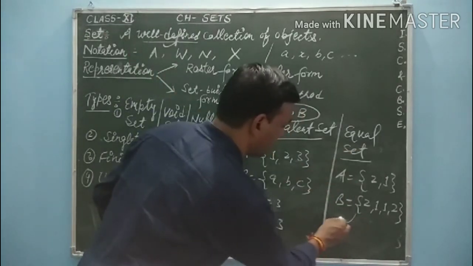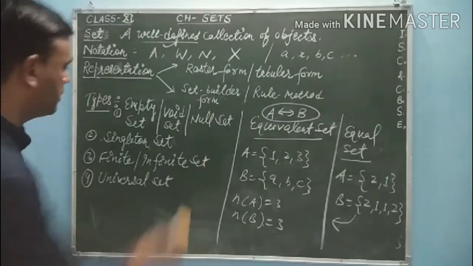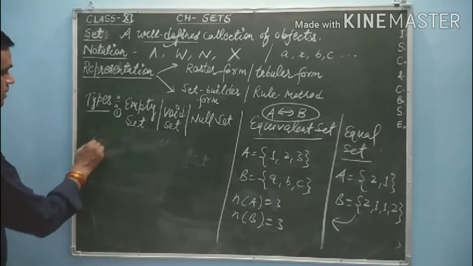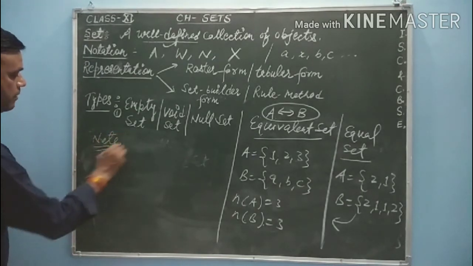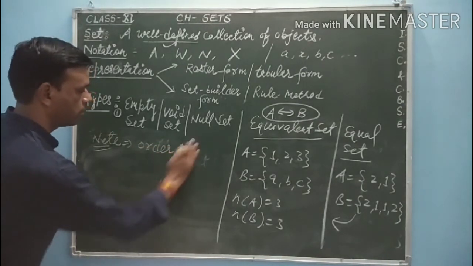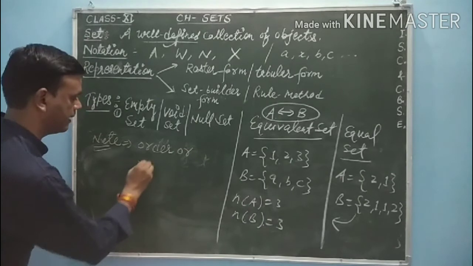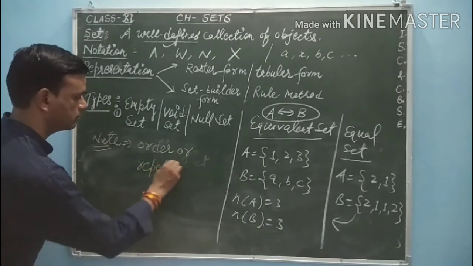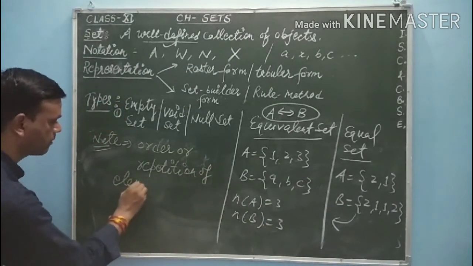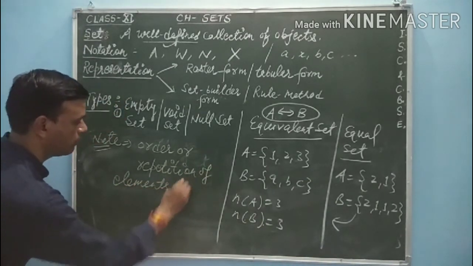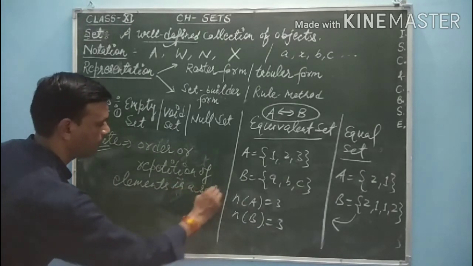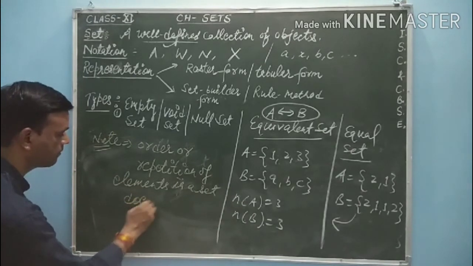One point is left here, which is very important for your knowledge, and you have to note this also. This is a very important point: order or repetition of elements in a set does not matter.